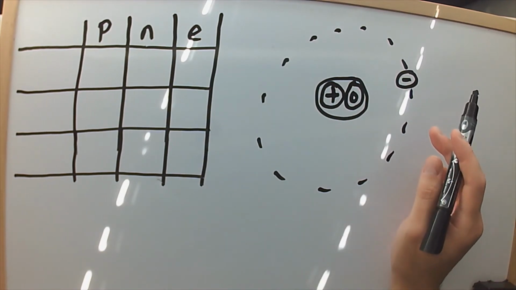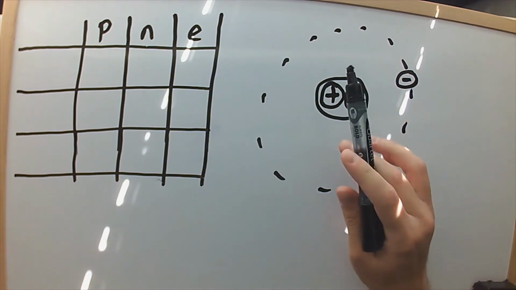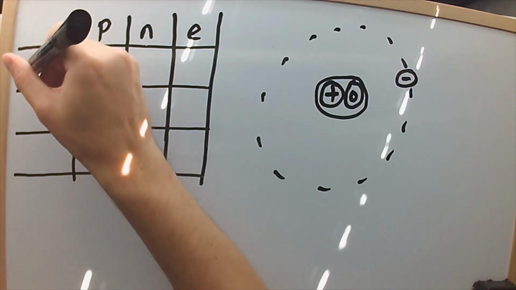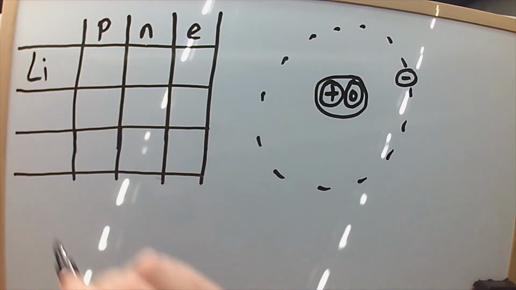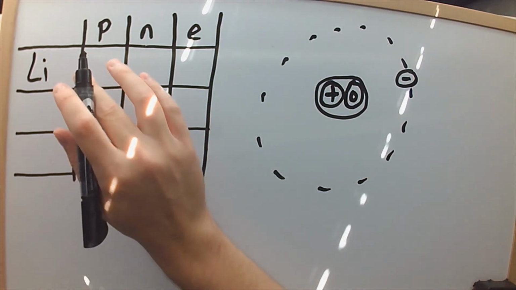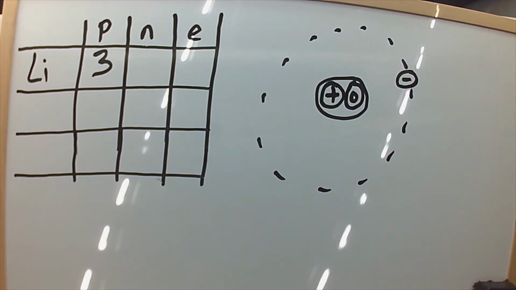But remember, atoms cannot gain or lose protons because they're defined by the number of protons. Right? So if I say lithium, no matter what else happens, lithium has 3 protons. Nothing else matters, right?